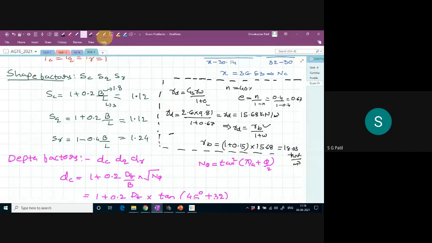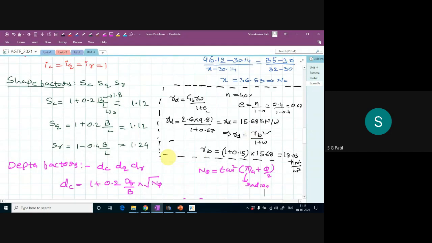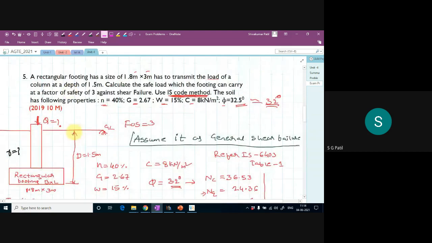Okay. Now I know the bulk density of the soil. So bulk density is equal to how much I got? 18.03 kilonewton per meter cube. Okay.